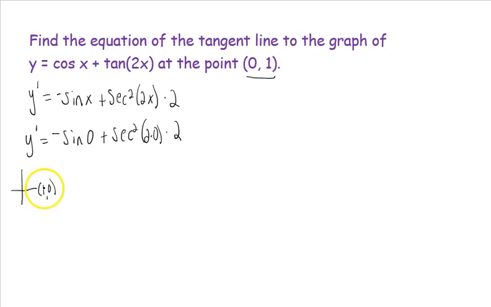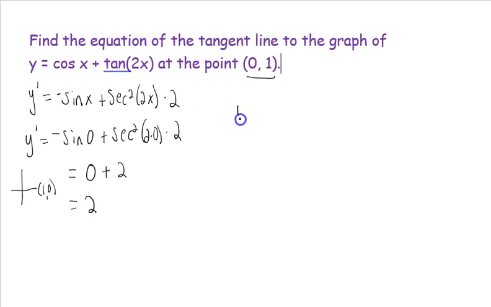So the cosine is 1 and the sine is 0. And since the sine is 0, this is 0. Since the cosine of 0 is 1, and this is the secant of 0, secant would be 1 over the cosine, and 1 over 1 is 1. Then 1 squared is 1. So 1 times 2 would give us 2, making our whole slope for this 2.